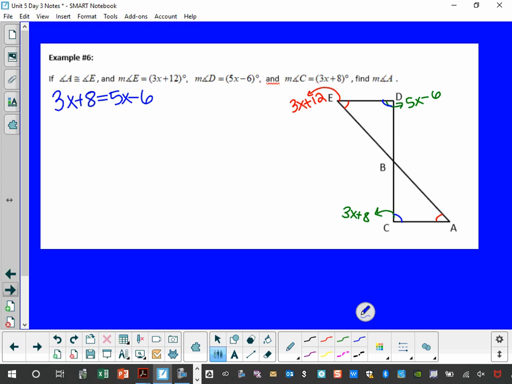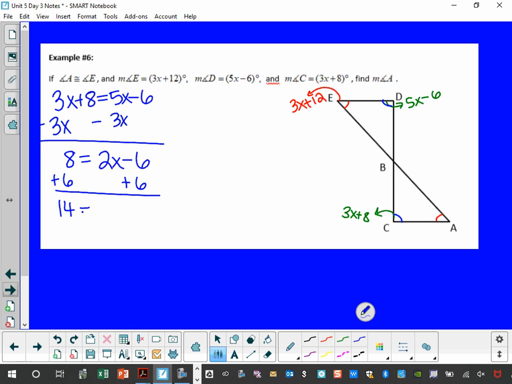Alright, how would I solve for x here? Subtract 3x. Now I'm left with 8 equals 2x minus 6. We're going to add 6. We're going to have 14 is equal to 2x. So x equals what? 7.